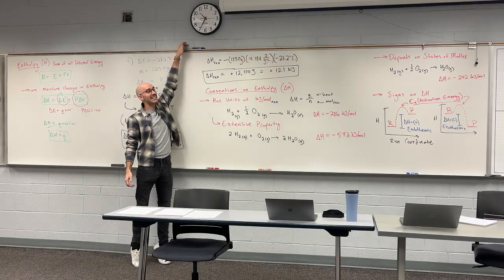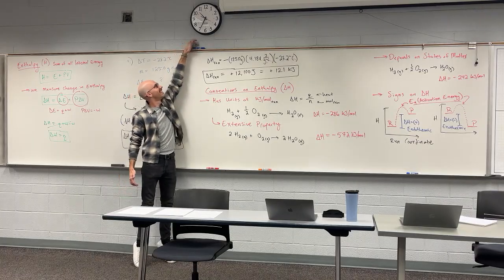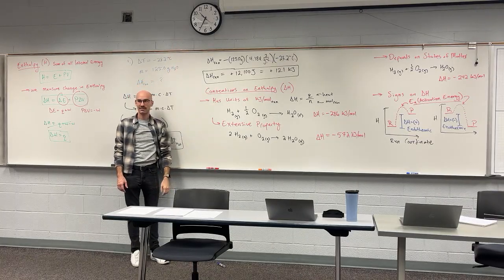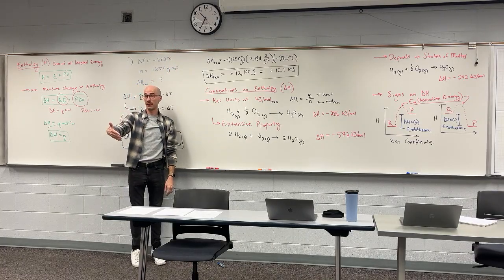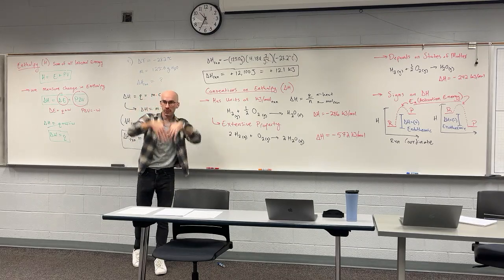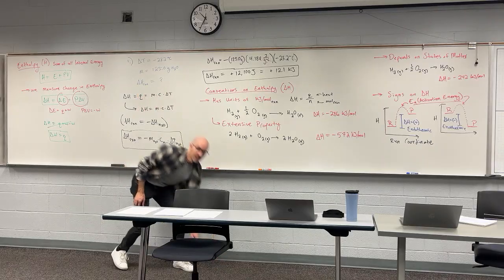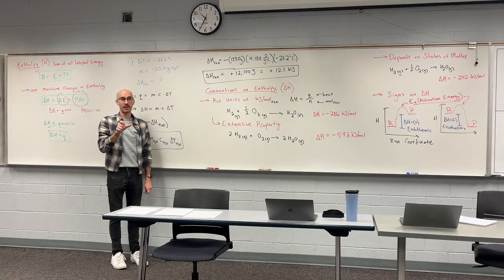My finger, I need to give it some energy. Okay. Now that I've given it some energy, it's able to overcome what it needs to actually change its enthalpy. This is the activation barrier.